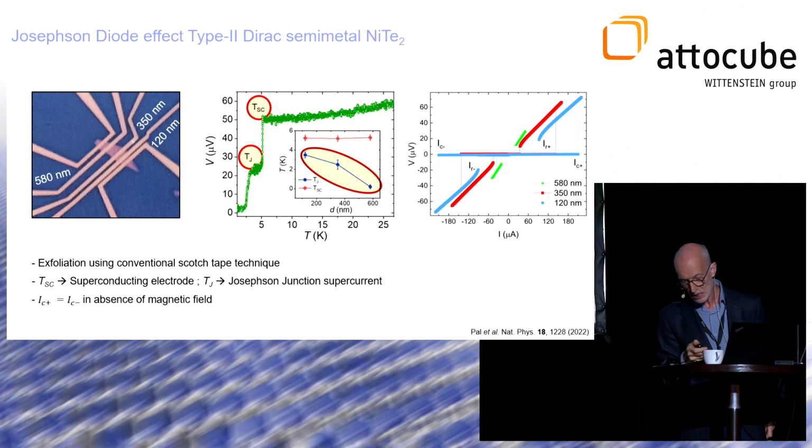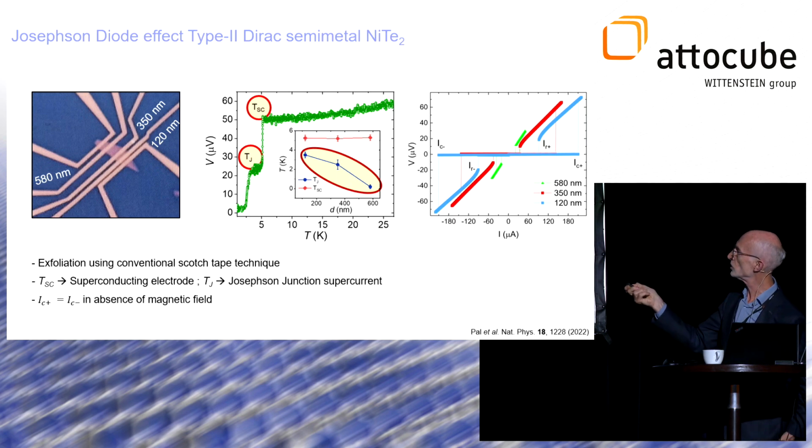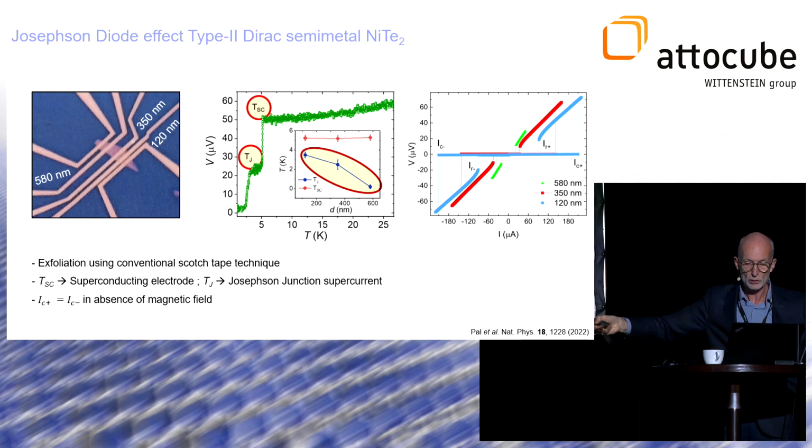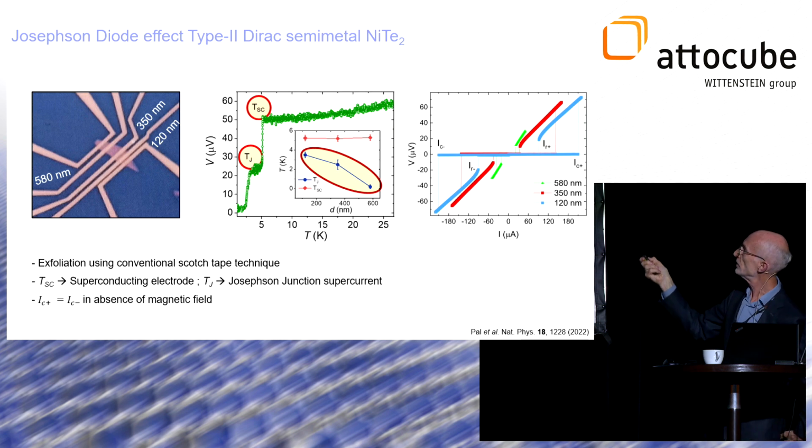Now, if we measure the voltage as a function of the current flowing through the nickel ditelluride, you can see above some critical current, depending on the spacing, the smaller the spacing, the bigger the critical current. The critical current for the current flowing in the positive and the negative directions is essentially the same.